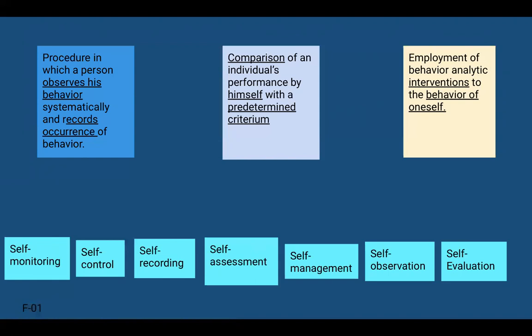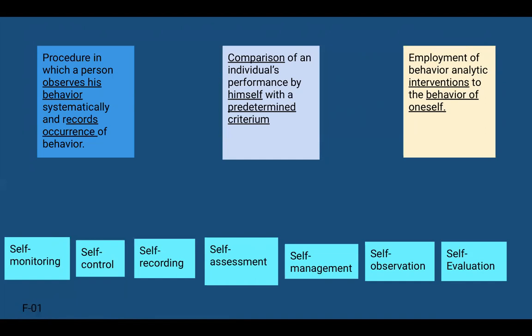Self-monitoring, also called self-recording and self-observation, is a procedure whereby a person observes his behavior systematically and records the occurrence and non-occurrence of target behavior. We're going to add that to the right. Occurrence and non-occurrence.